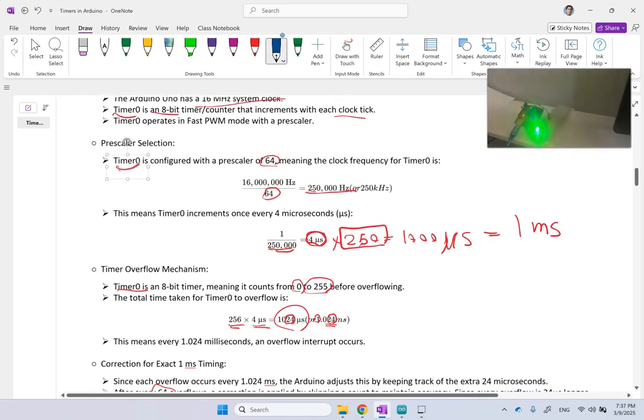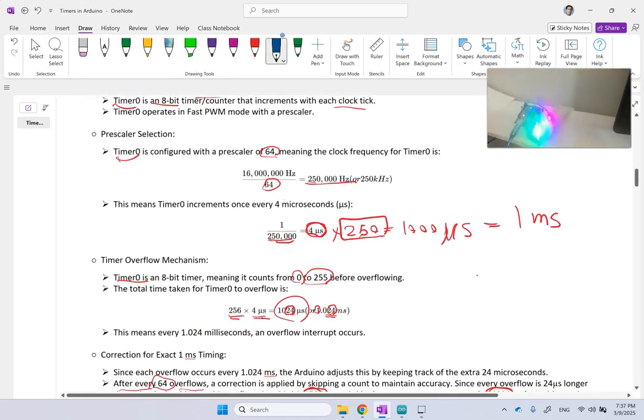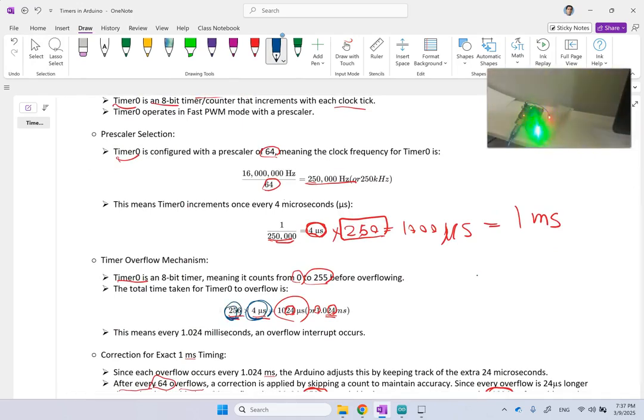So the time you see that millis was using was 4 microseconds times 256. Now, if I could stop it at exactly 250, say, don't go all the way to 255, just stop at 250, or in this case go from 0 to 249 and stop, then that time will be exactly 1000 microseconds or 1 millisecond.